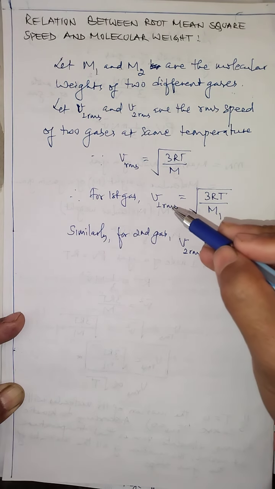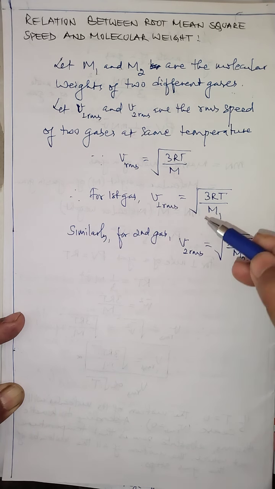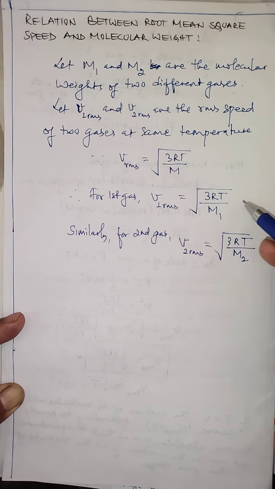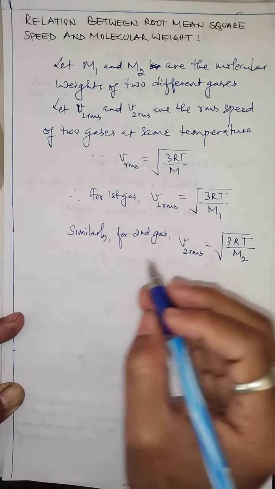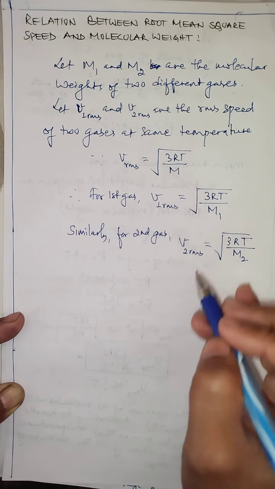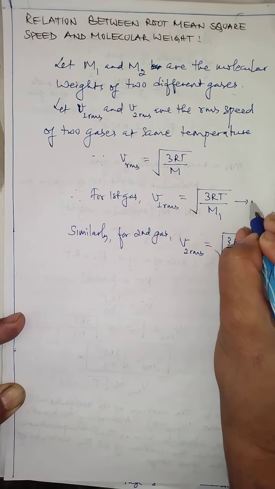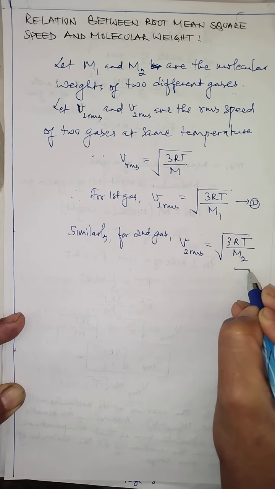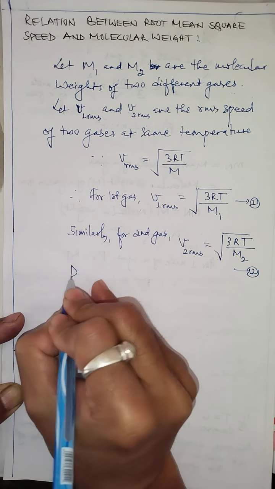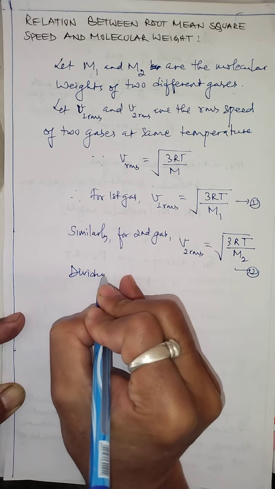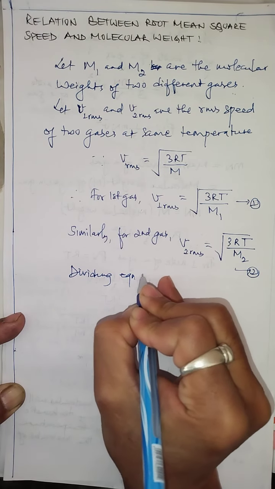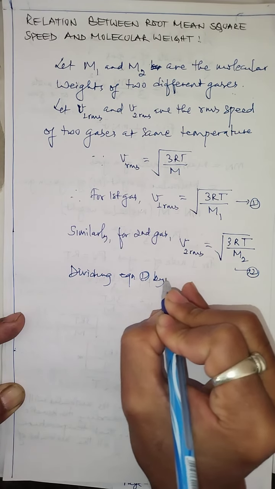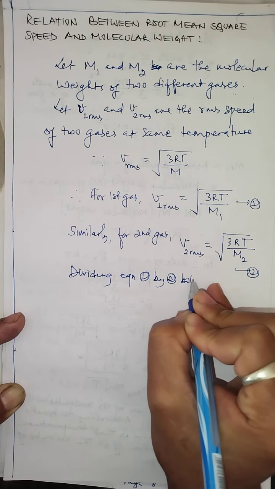Now I simply divide these two equations. Let me write these as equation 1 and equation 2. Dividing equation 1 by 2 on both sides.